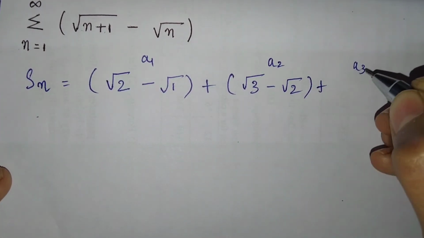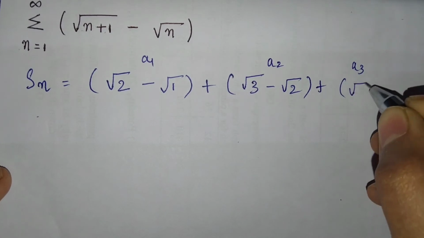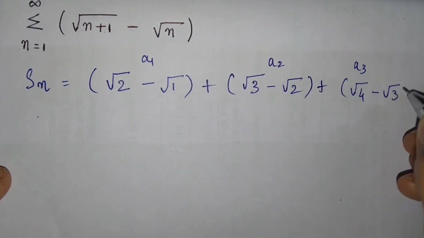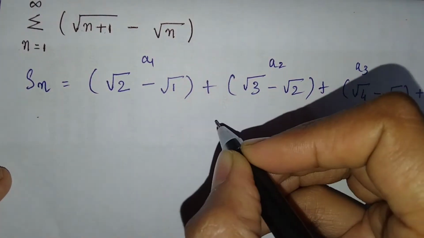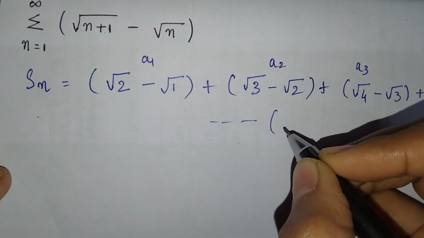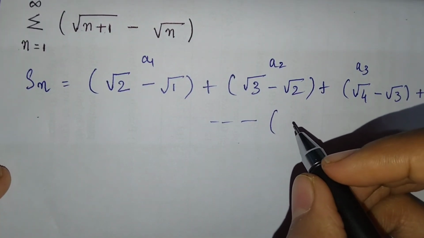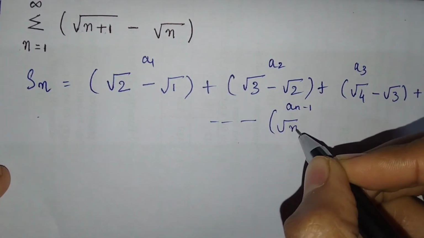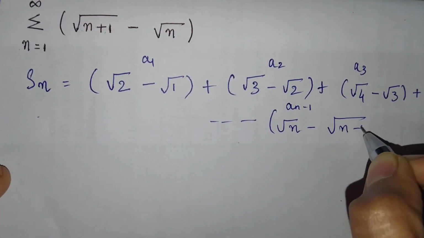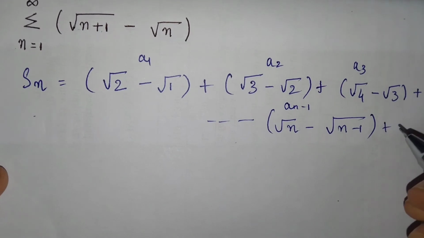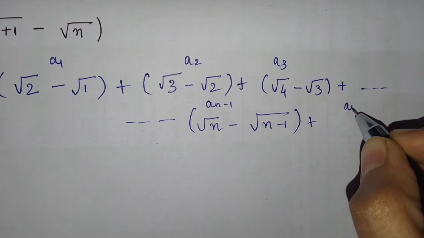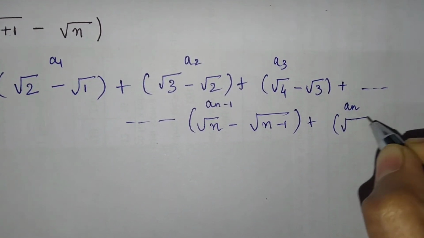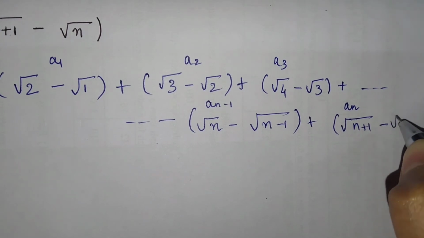Now A3, when I put n equal to 3, I will get under root 4 minus under root 3, plus up to, it will keep on going. In the second last term, if I put n minus 1, then here I will get under root n minus under root n minus 1. And the last term, that is the nth term, will be under root n plus 1 minus under root n.